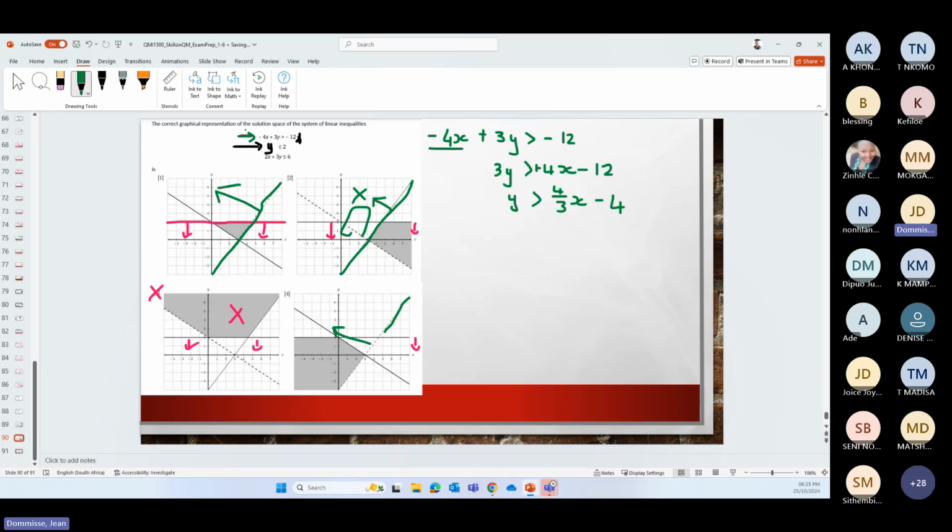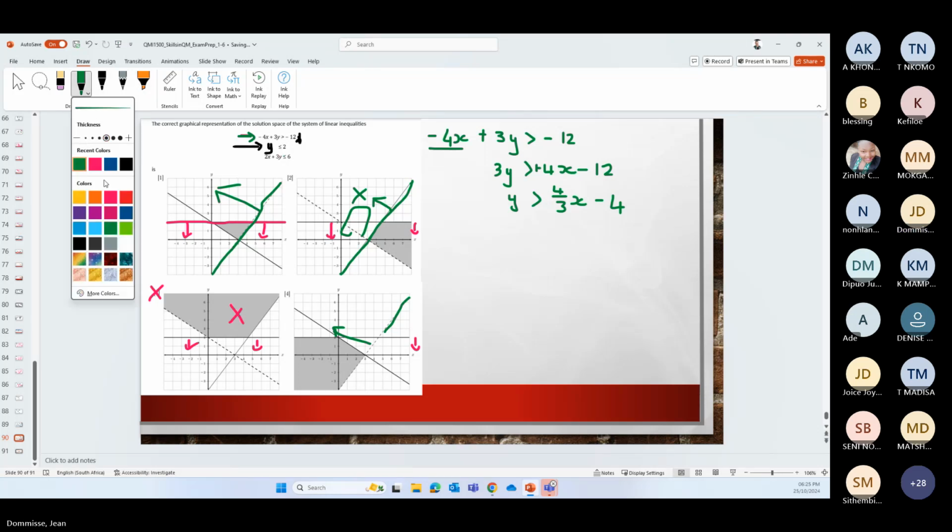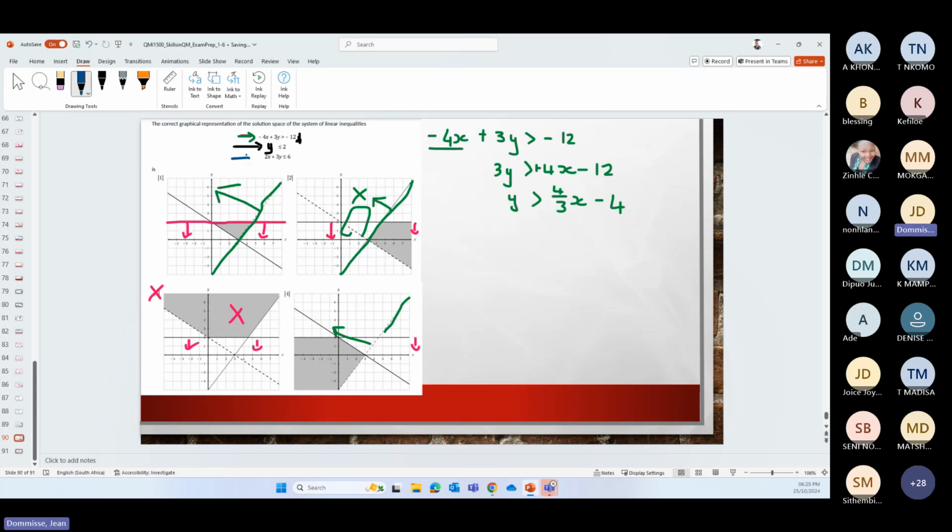So then the last one is to look at this formula. So we have 2x plus 3y smaller or equal to 6. So again, want to get it as y is equal to, so the 2x will go to the right hand side and will become minus 2x. So 3y smaller or equal to minus 2x plus 6.